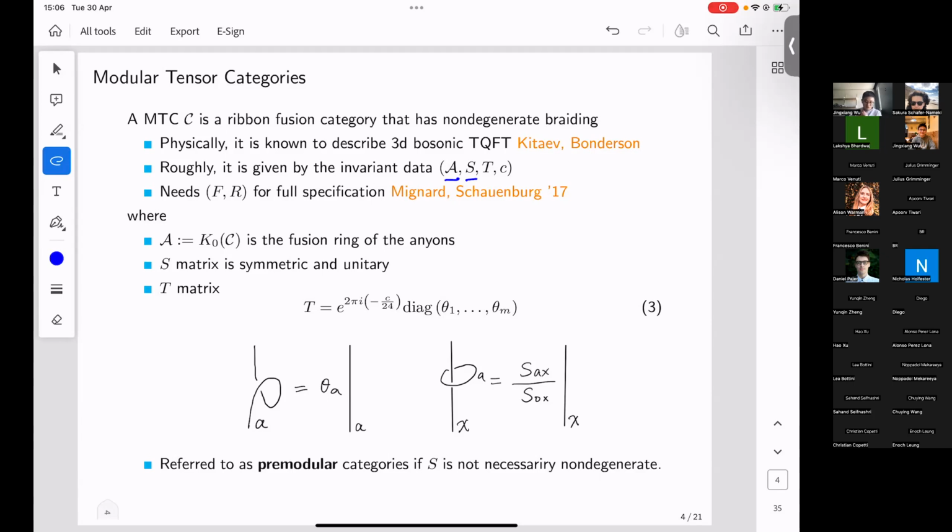In particular, if we drop the requirement that the S matrix is modular, you get something called a pre-modular category. In other words, if you have a pre-modular category and you further require the S matrix to be non-degenerate, you get an MTC.